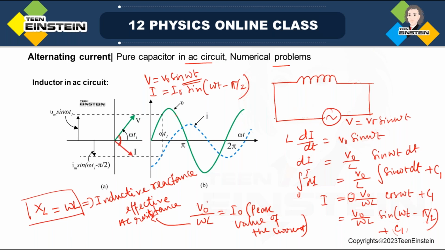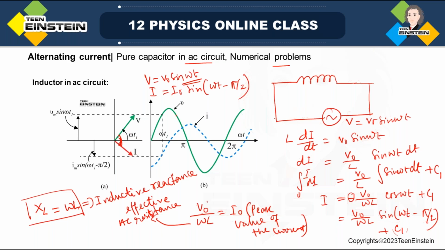We know the instantaneous alternating quantities can be represented by rotating vectors. So we have drawn the blue one as the phasor of voltage and the red one as the phasor of current, and current is 90 degrees behind the voltage. That's why I is drawn in the fourth quadrant, and V has been drawn in the first quadrant. So this is what we have learned yesterday.